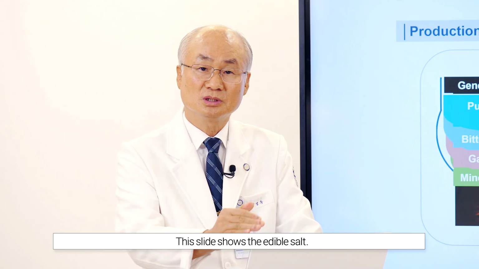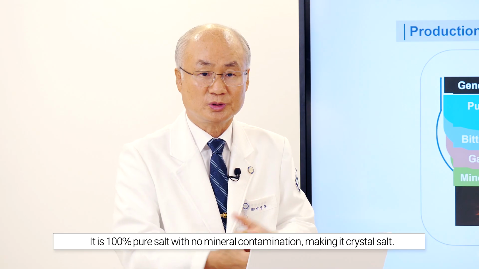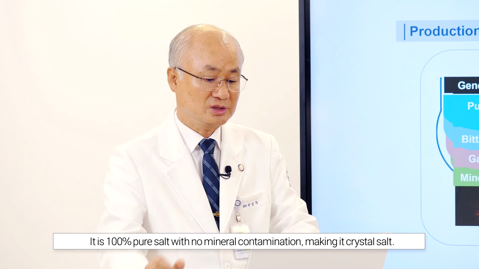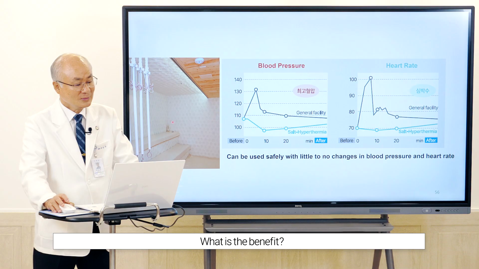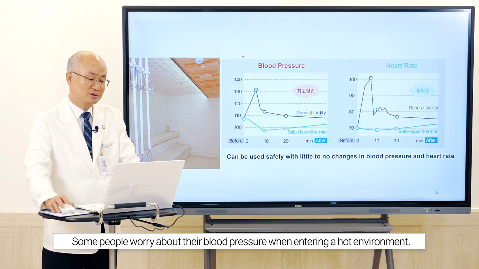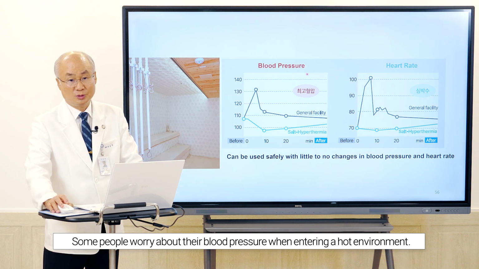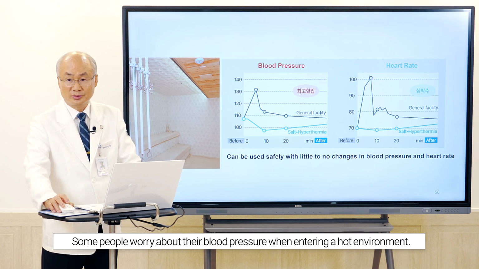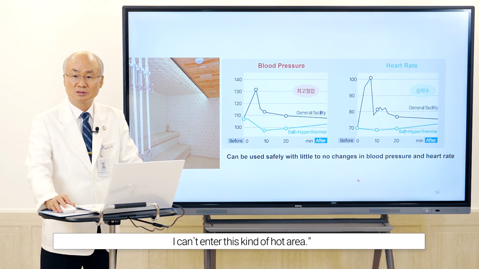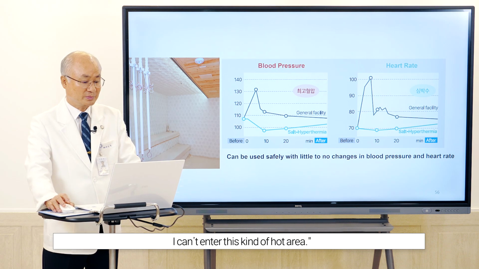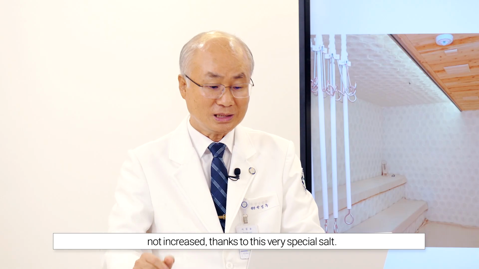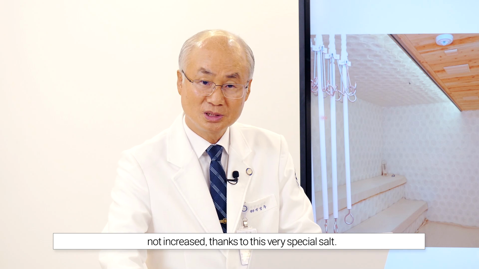This slide shows the edible salt, pure salt, 100%, no mineral contamination. So it is crystal salt. What is the benefit? Usually some people worry about blood pressure. If you enter a hot atmosphere, you think, I'm a high blood pressure patient, I cannot enter this kind of hot area. But the blood pressure can be lowered, not increased, because of this salt.